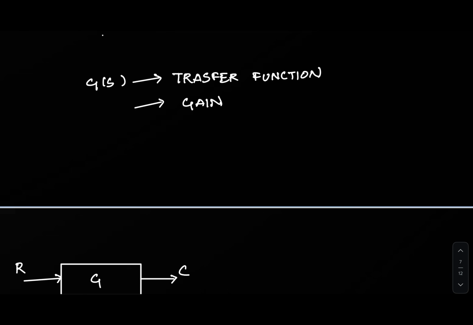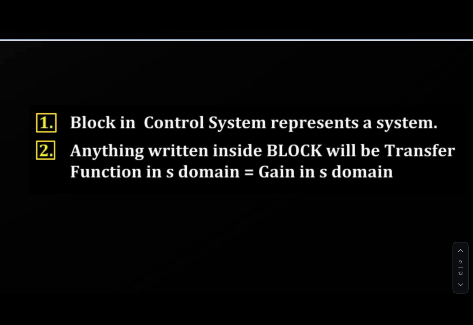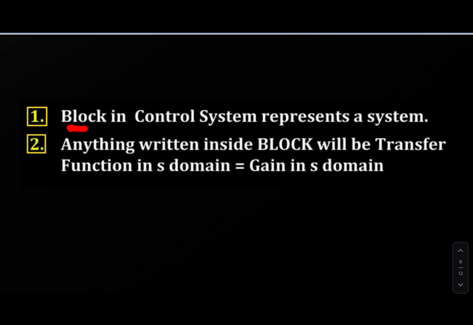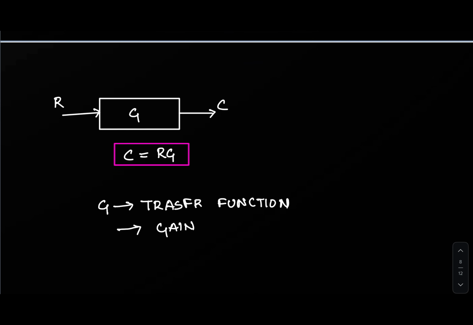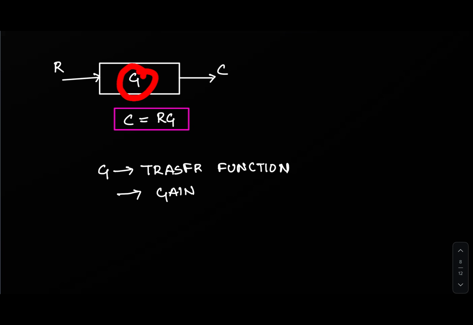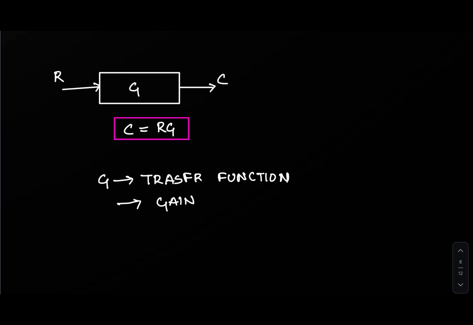So that is what is written here. First, a block in a control system represents a system. Next, anything written inside the block will be the transfer function in S domain, that will also be equal to gain in S domain. As we did on this box, what we are writing in this one will be my transfer function and this will also be my gain.